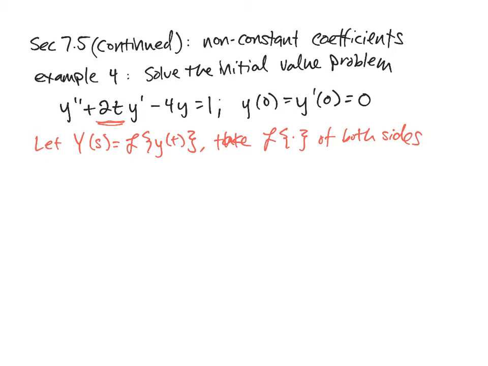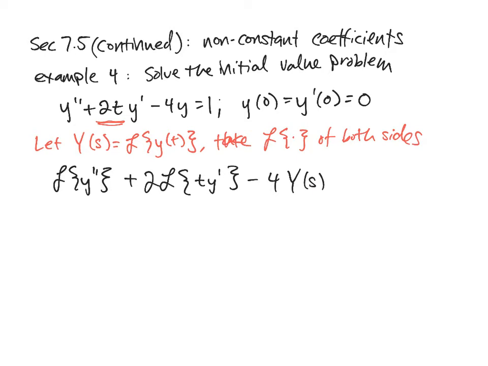That gives us L of y double prime plus 2 L of t y prime minus 4 big Y of s equals the Laplace transform of 1, which is 1 over s.